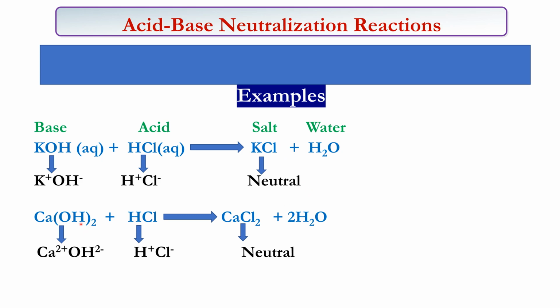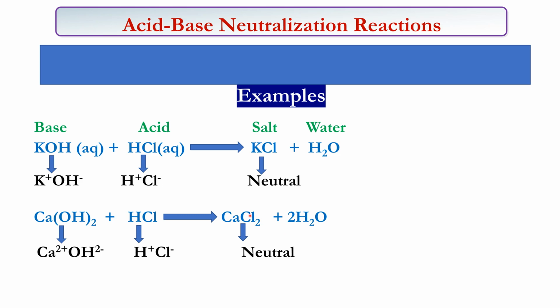Also for calcium hydroxide, calcium has 2 plus and OH has 2 minus, so 2 plus and 2 minus is equal to 0. The same thing is applicable for HCl. This is the reason why we have a neutral calcium chloride, because calcium has 2 plus and chlorine has 2 minus, so 2 minus and 2 plus equal 0.